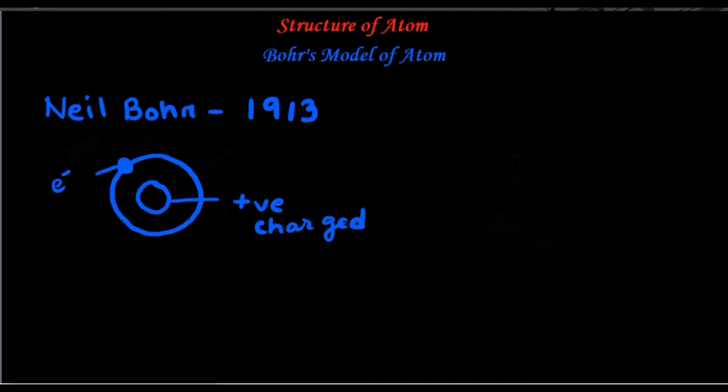Rutherford said that the electrons moved around in a predictable path called orbits. So these were called orbits by Rutherford.